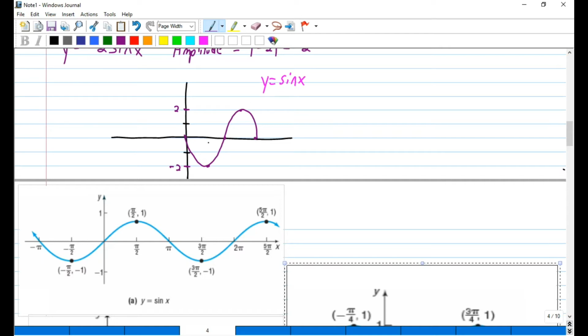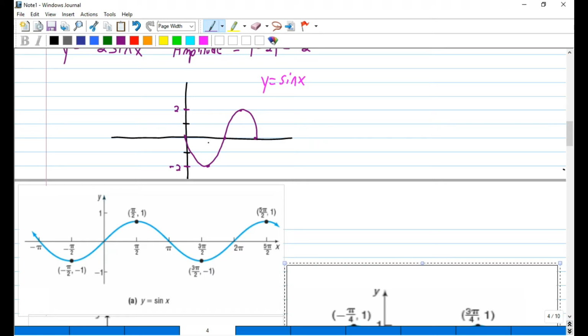So if I have those 5 points, then I know if I follow the pattern of sine, it goes up, then at the next significant point we have a high point. Then at the next significant point we cross. Then at the next significant point we have a low point, and at the last significant point we cross. Let me go back through that again.